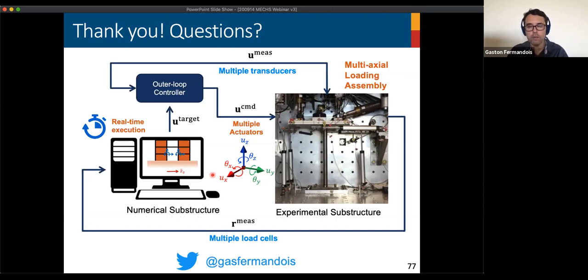The identification is a critical aspect. As I explained before, we use this experimental FRF approach where we collect data from a modal analysis test.